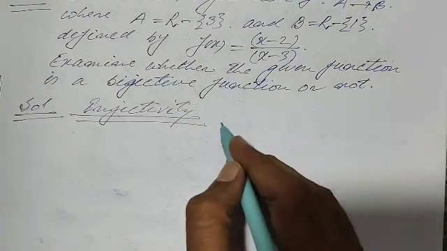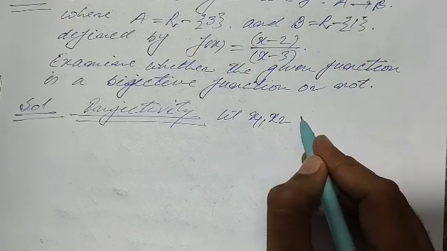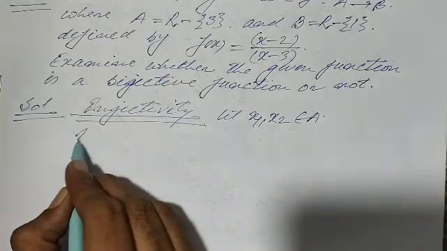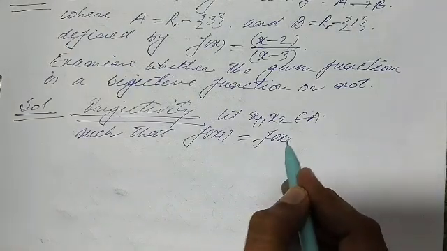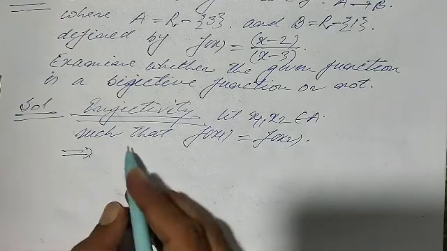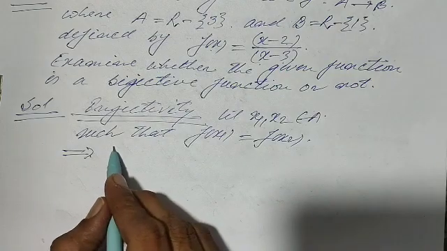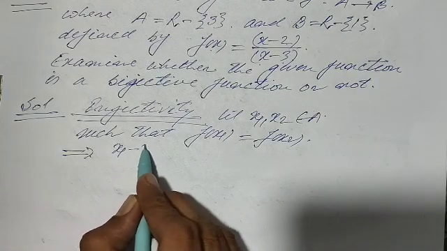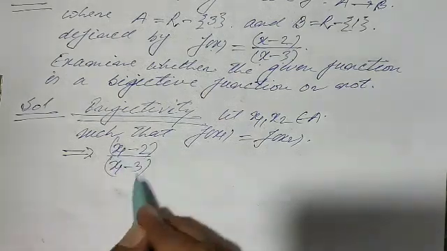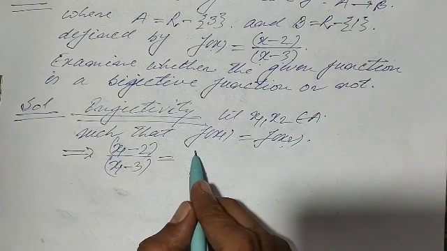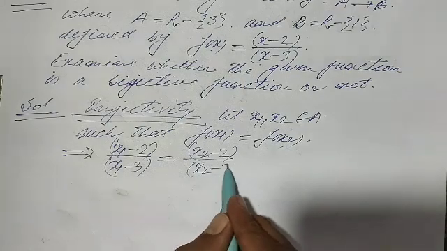So for injectivity, we need to take two arbitrary elements x1 and x2 from domain A, such that f(x1) is equal to f(x2), which implies that as f(x) is (x minus 2) upon (x minus 3), so f(x1) becomes (x1 minus 2) upon (x1 minus 3) is equal to f(x2), which is (x2 minus 2) upon (x2 minus 3).